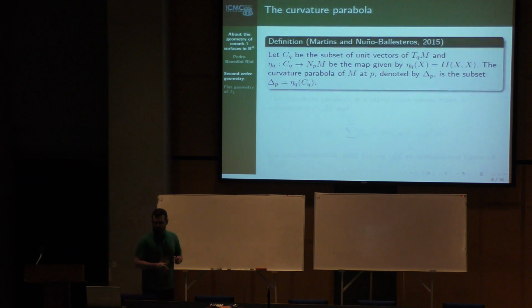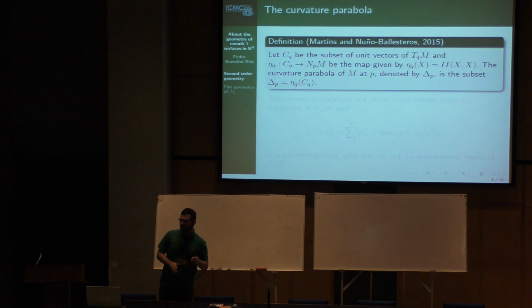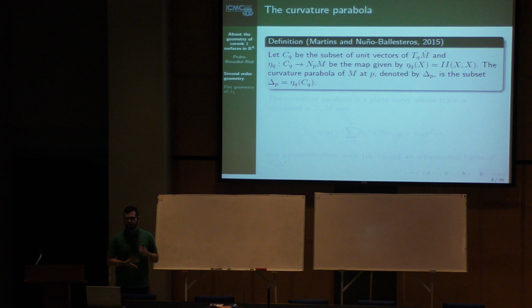Now I'm able to define the curvature parabola. This definition was first made by Martins and Ballesteros in 2015. The curvature parabola, delta p, is the image of the map eta q defined by the restriction of the second fundamental form to the subset of unit tangent vectors CQ.